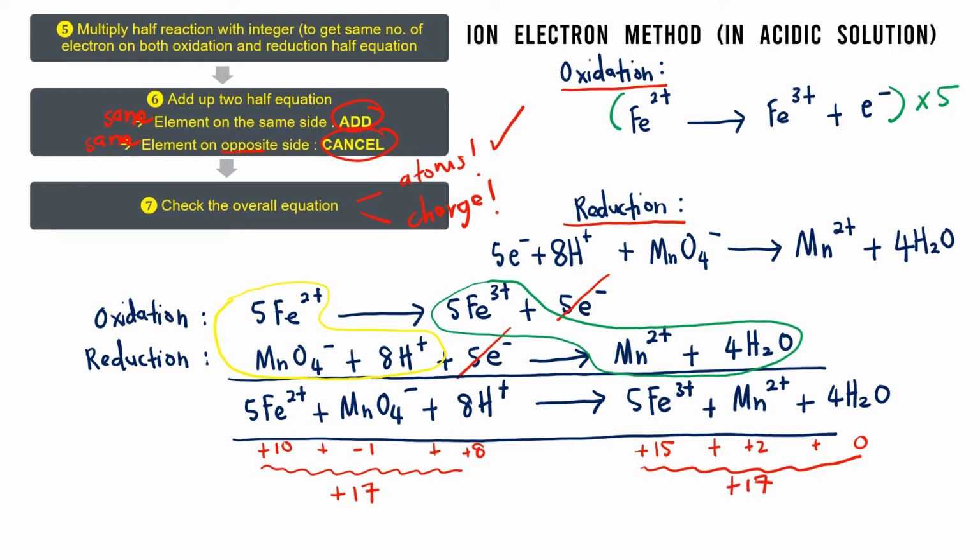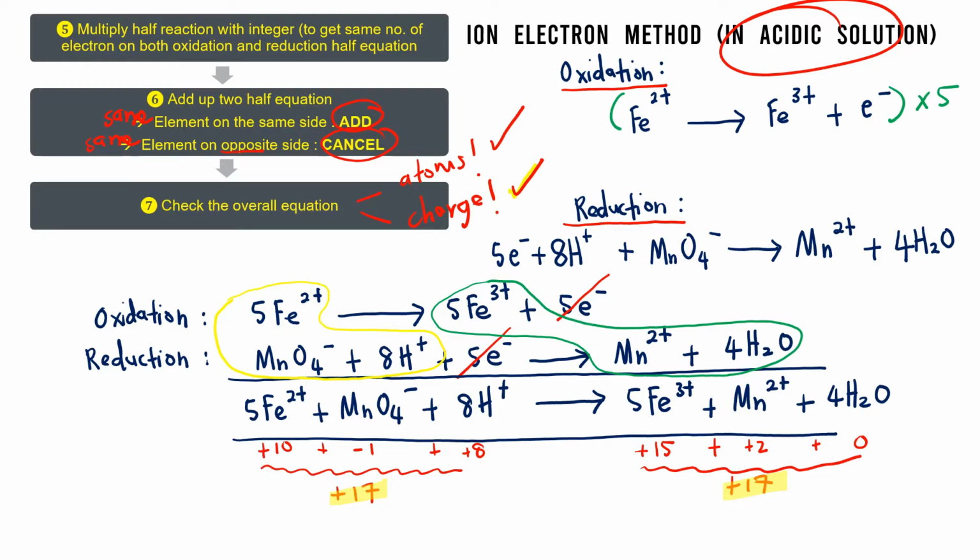So now, since our charge is plus 17 on the left and also plus 17 on the right side of the equation, maka kita boleh kata bahawa you have successfully balanced this chemical equation in acidic solution menggunakan ion electron method.